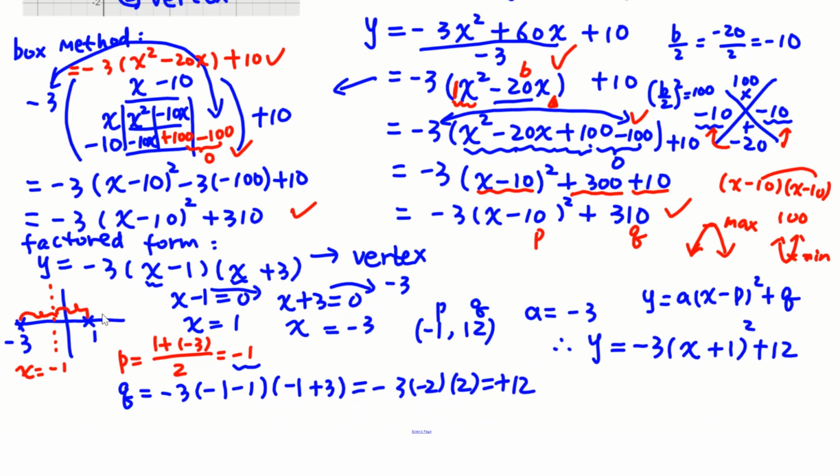And if the factor form is given, we don't have to expand it to standard form, then change it to vertex form. We could find the 2 zeros right away, then find the middle, that is your p value. Sub this p value back into the factor form, you will have the q value. Then pq is your vertex.